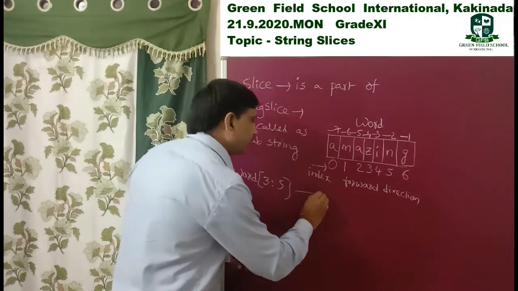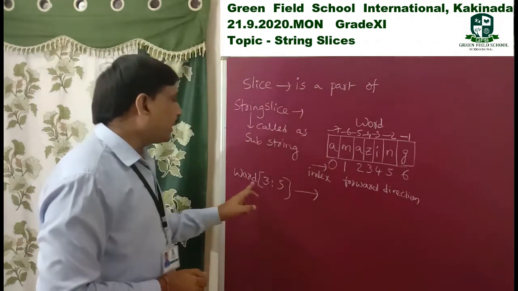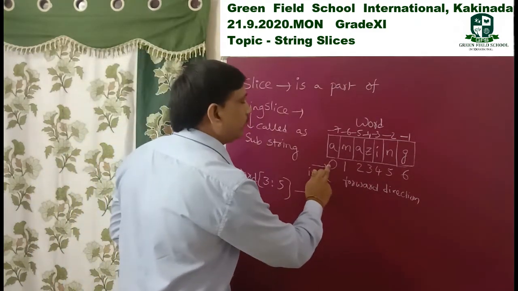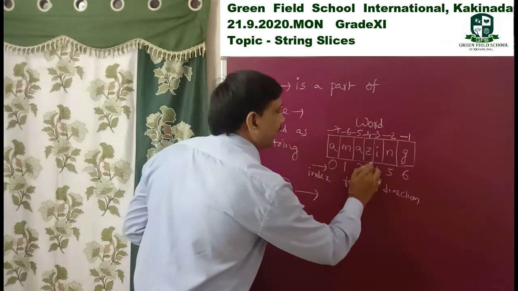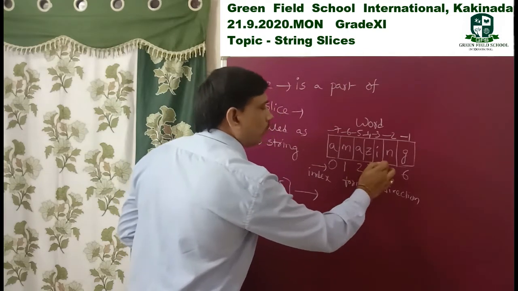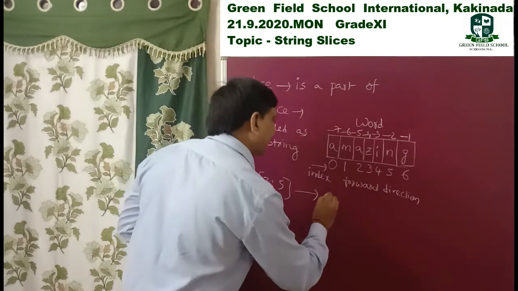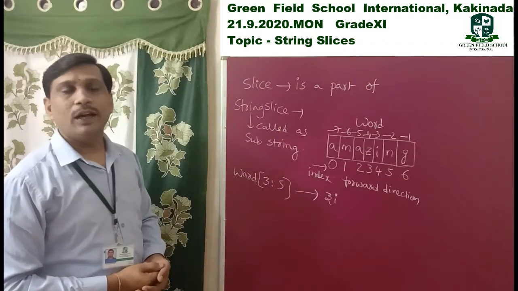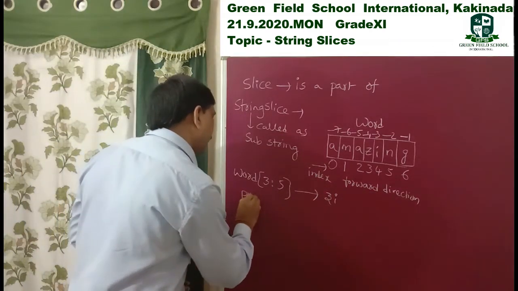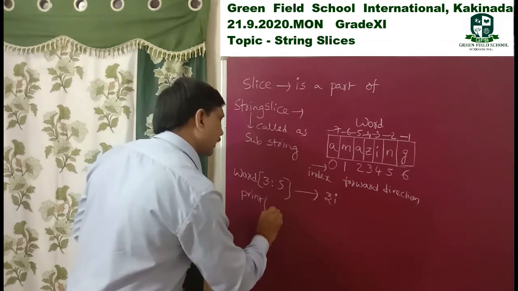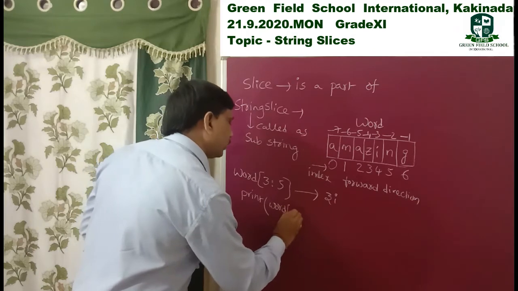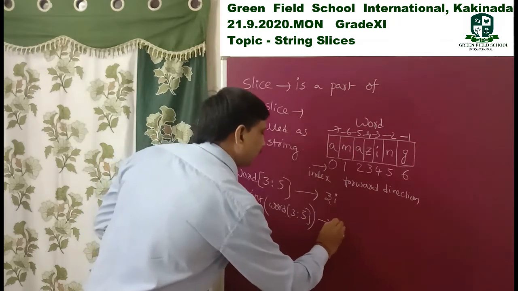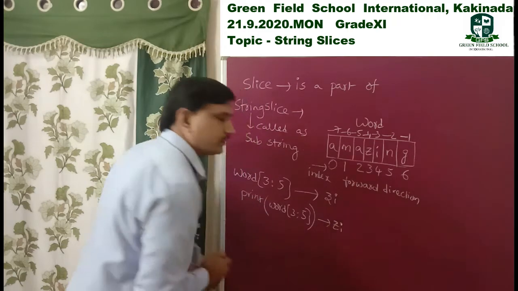So word of 3 to 5 means starting from 3, here Z, to 4, which is I. It displays Z and I. This is the output. If we print word of 3 to 5, it displays Z I.